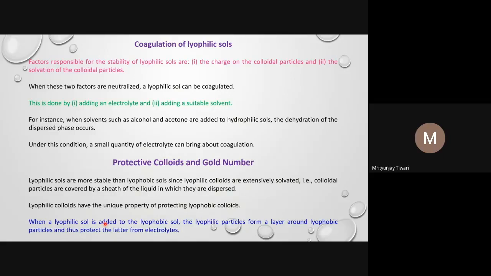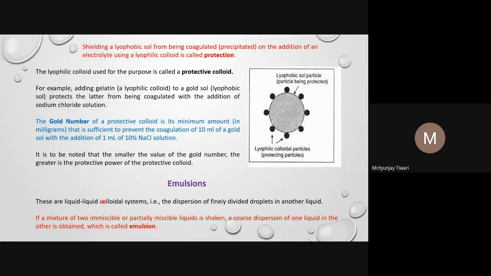They carry a certain charge, and so they cover these lyophobic colloidal particles in this way. You can see these are the lyophilic colloids, smaller particles. They also carry a certain charge, and this is also having a certain charge.